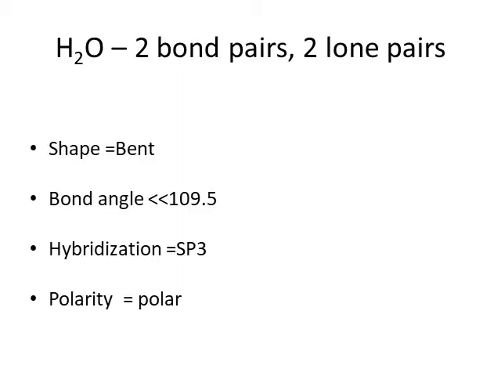We conclude that the water molecule has 2 bond pairs and 2 lone pairs, so it takes the bent shape. These 2 lone pairs repel each other and also repel the 2 bonds, making the bond angle effectively less than 109.5 degrees.